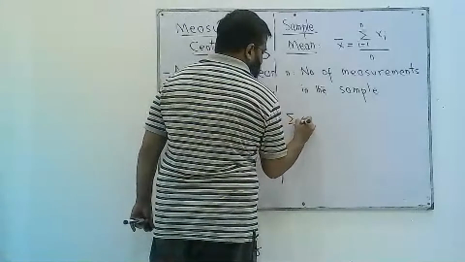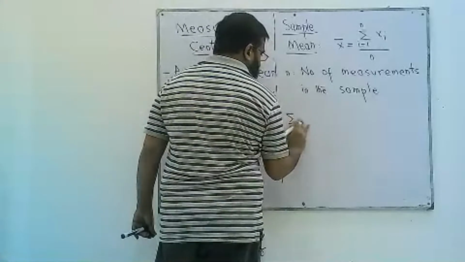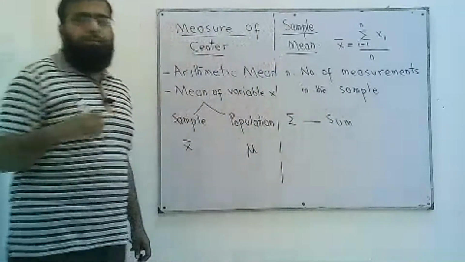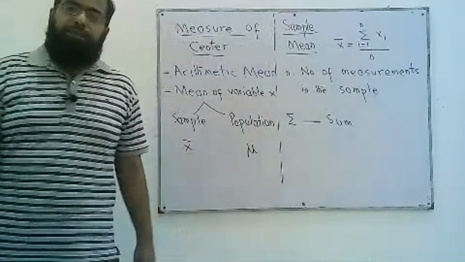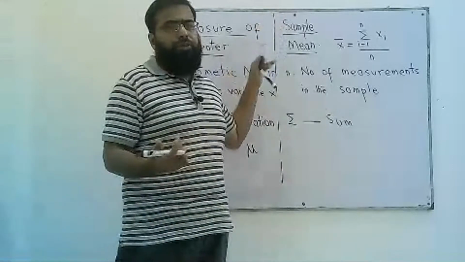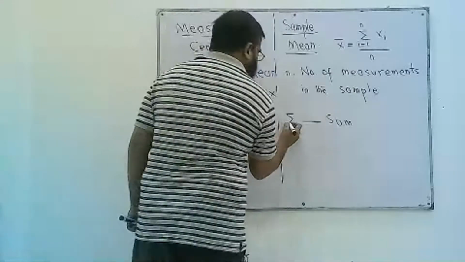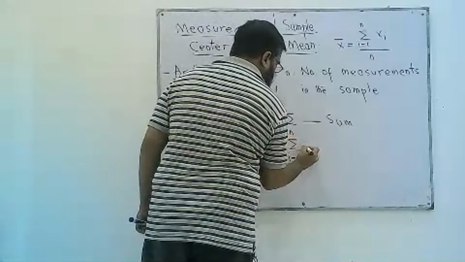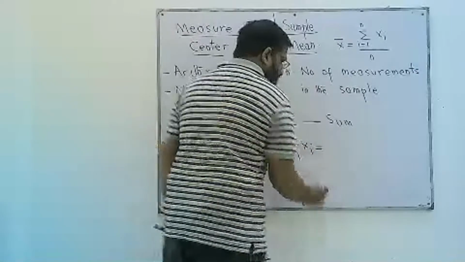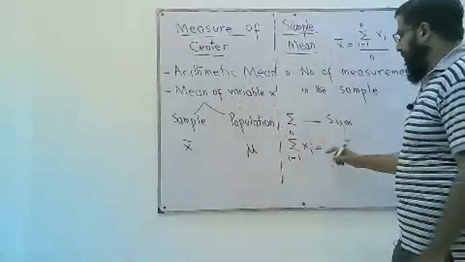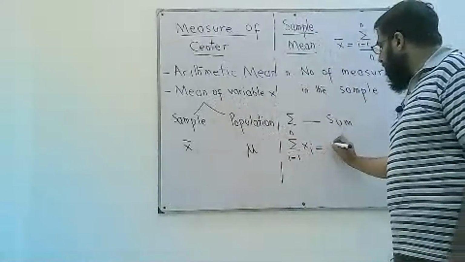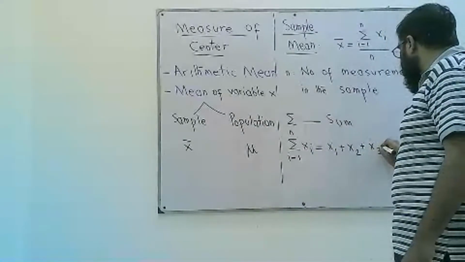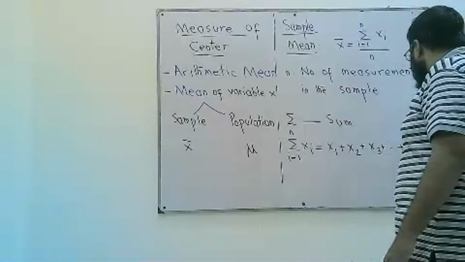And what is summation? This sigma is a Greek letter. It refers to computing the sum over all measurements present in your sample. So this is going to sum n numbers: x1, x2, x3, up to xn.